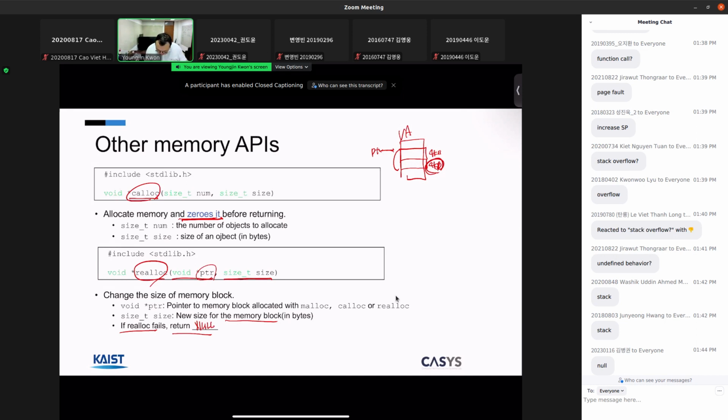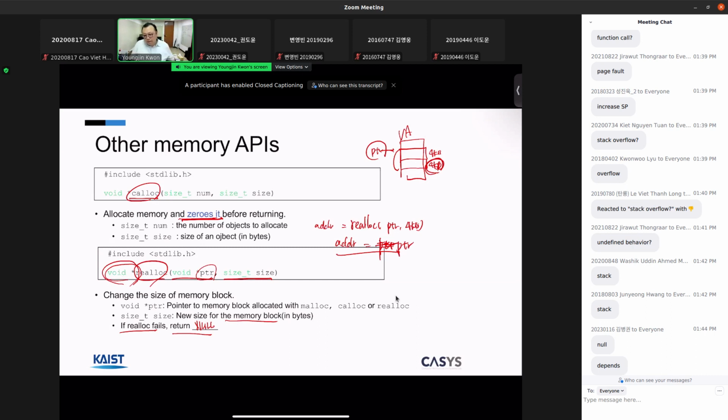Another question. Realloc returns a new virtual address. Say realloc of ptr with a size, and it returns an address. Are they the same or not? Depends.